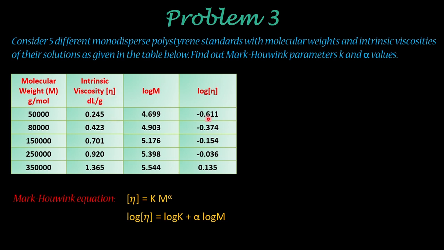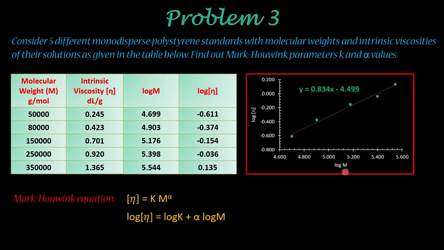So log of 0.245 is minus 0.611, log of 0.423 is minus 0.374 and so on. Now if we plot this log M and log eta, where log M is the x-axis and log eta is the y-axis, then after fitting the data we can get this trend line equation y equal 0.834x minus 4.499. Now if you compare it with the straight line equation y equal mx plus c, then you can get the intercept and slope value.